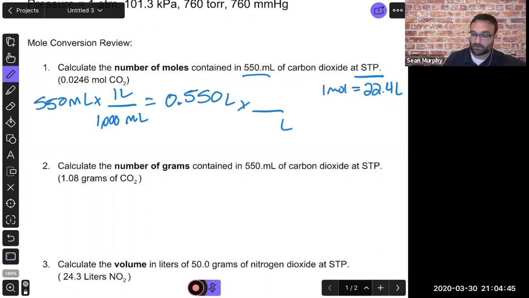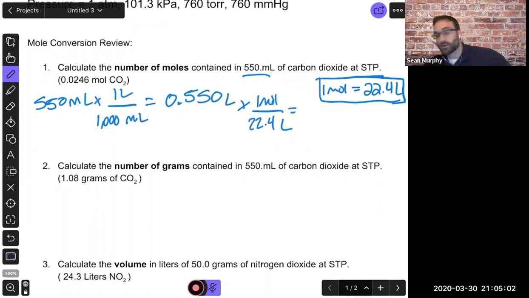And what's our conversion factor? We're trying to figure out moles. Well, this is our conversion factor right here. So we can put 22.4 on the bottom and 1 mole on the top. Okay, let's get out the calculator.